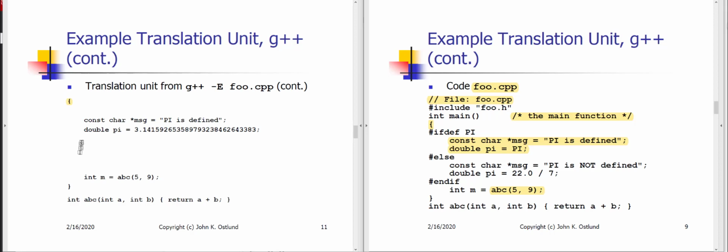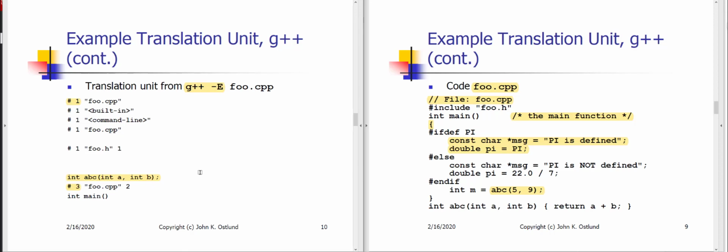So it looks like a little more than 4 lines here, but I promise you there are 4 blank lines here, followed by the line int m gets the returned value from abc of 5.9. Then we have the closing curly brace at the bottom of main, and the definition of the abc function.